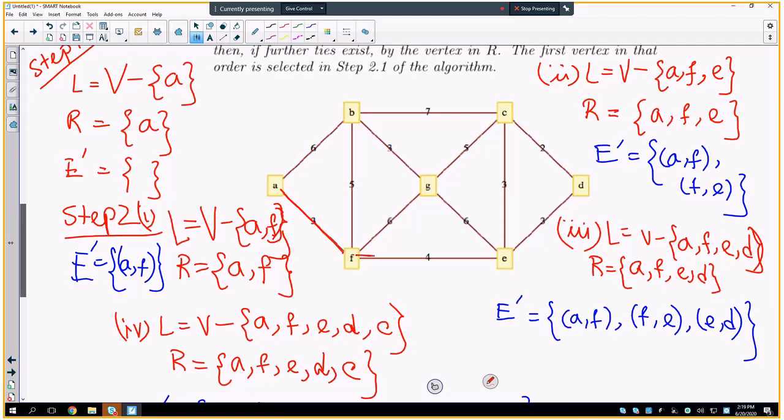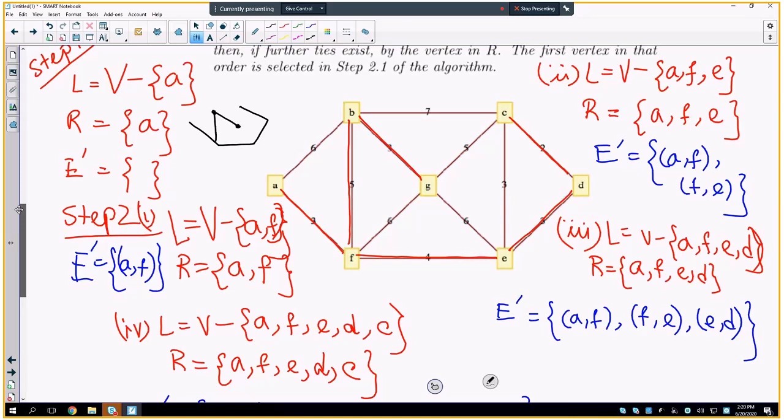Then FE, then we did ED, then DC, then FB, and finally BG. So if I have to draw that separately, I will say A goes to F, F goes to E, E goes to D, D goes to C, F goes to B, and B goes to G.